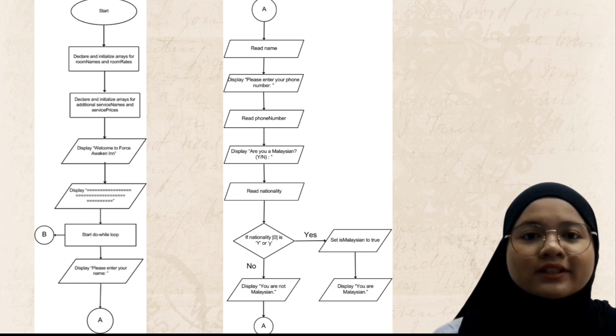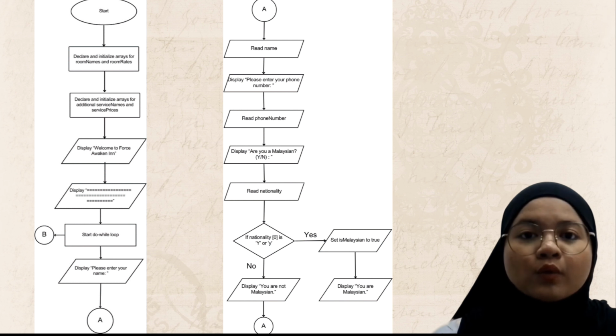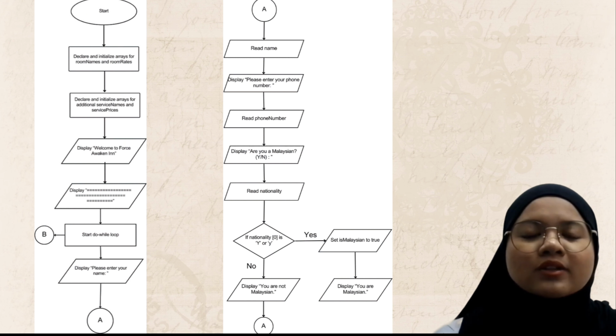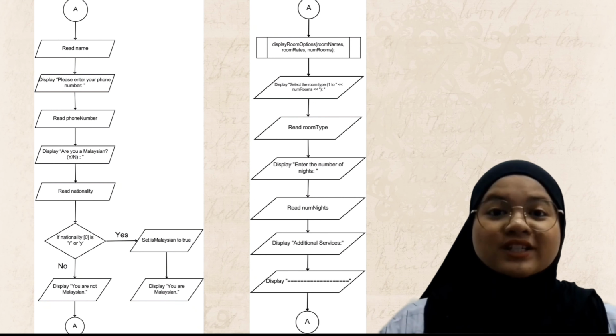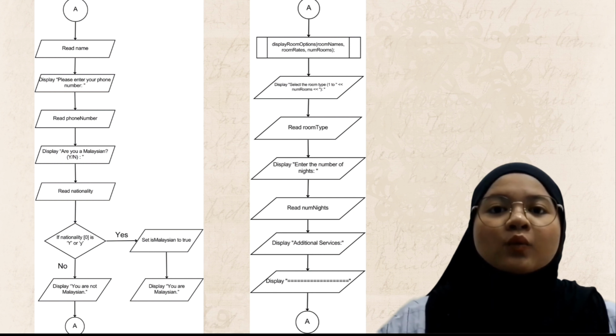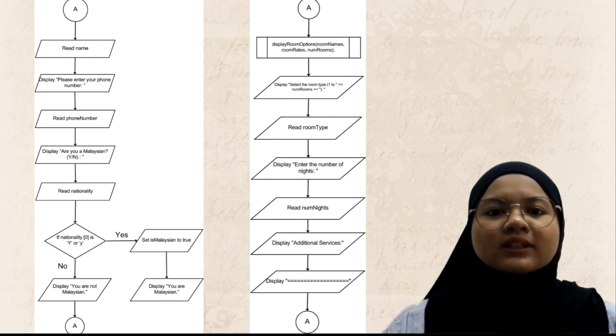The user needs to enter Y or N. Next, the program will read nationality based on the user's answer. If nationality is yes, the program will set isMalaysian to true, and then display you are Malaysian. If nationality is no, the program will display you are not Malaysian.